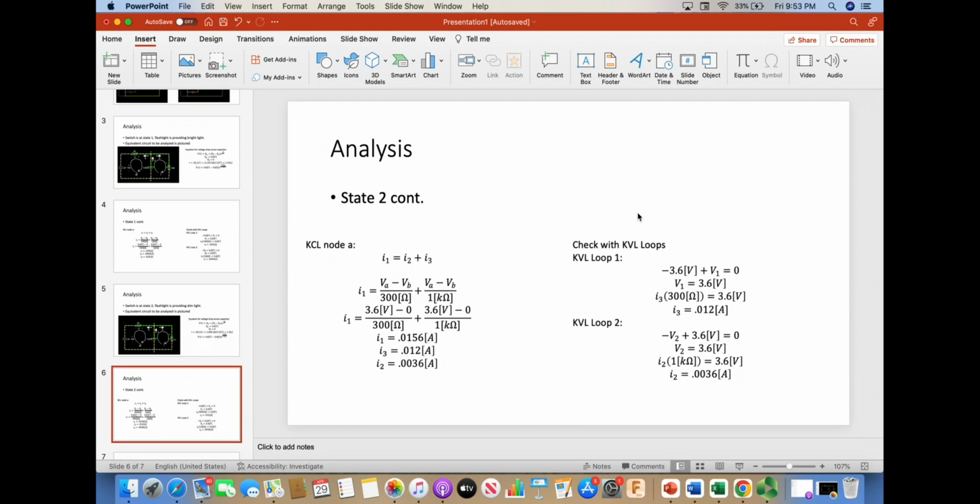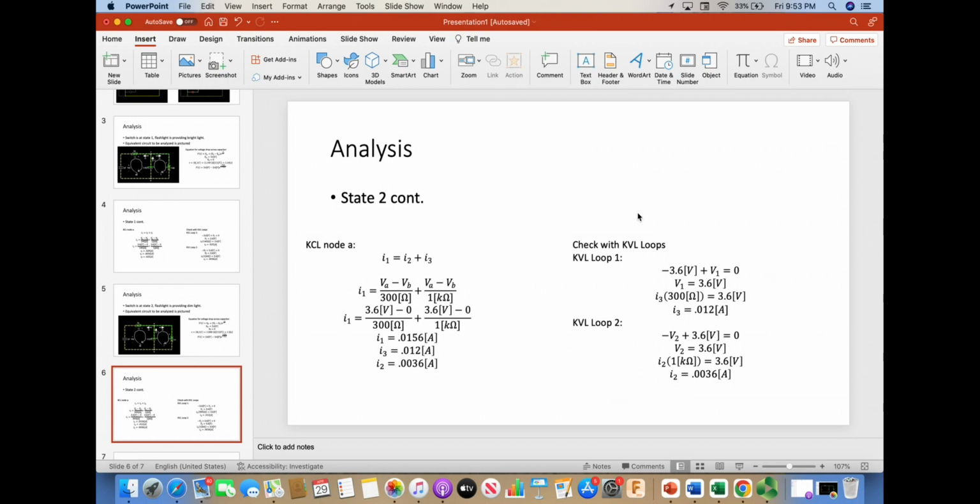Again, KCL equations were used to solve for currents, and in a similar way, we found that I1 equals 0.0156 amps, I3 equals 0.012 amps, and I2 equals 0.0036 amps.